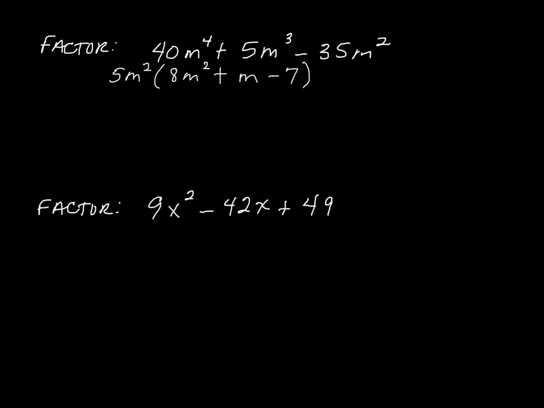Okay, that's right. So the 5m squared is going to follow us all the way to the bottom. And now I have to work with 8m squared plus m minus 7.